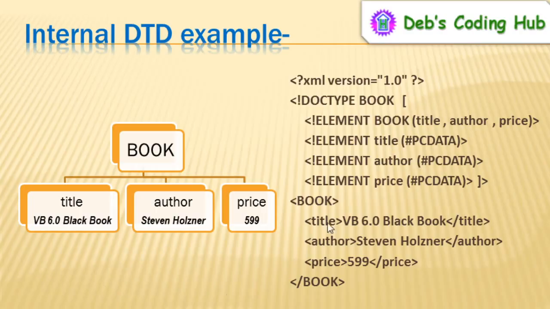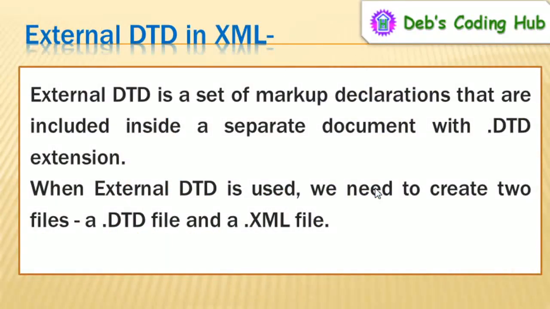Now let us go back to our presentation. Now I'll go for external DTD. Now what is external DTD? It is also a DTD file. The external DTD is a set of markup declarations that are included inside a separate document, and this document must be saved with a .dtd extension.